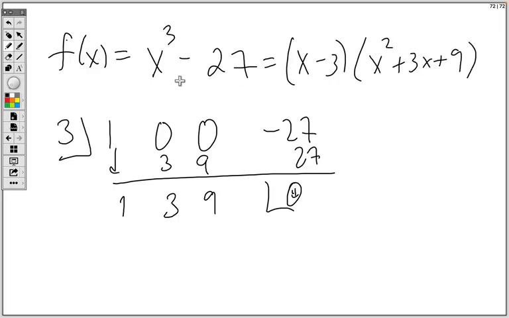Now you might have remembered, I don't know what folks memorize anymore, but this is the difference of cubes, so that's another way to get to this. Or you can synthetically divide.